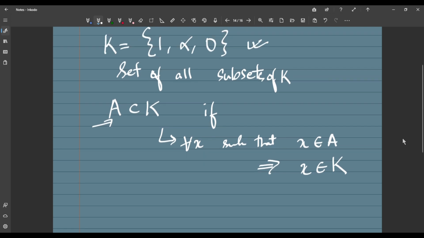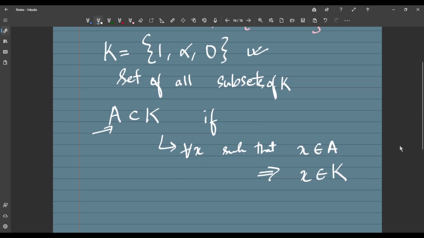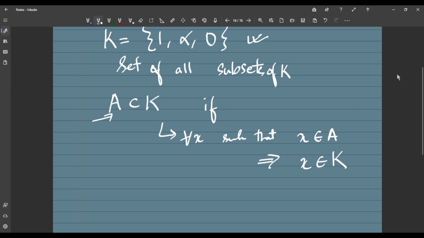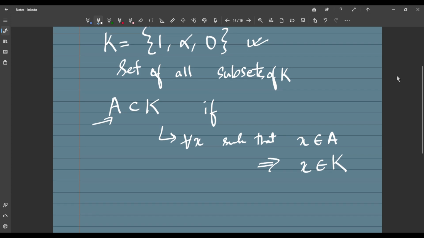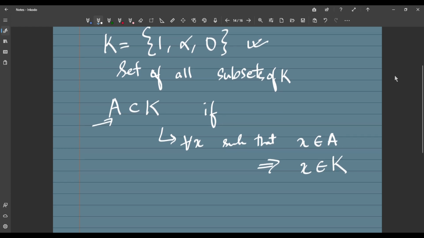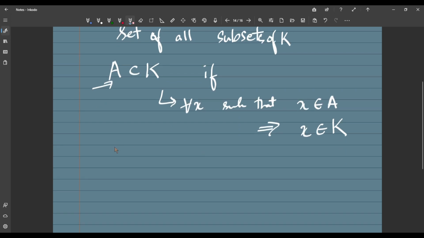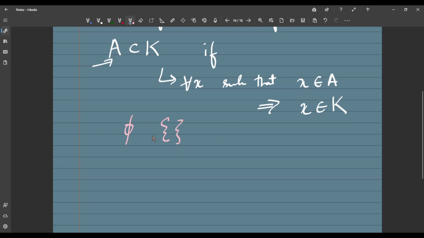So we looked at the null set in one of our lectures because we took the intersection of two disjoint sets, and we got a null set. So we know that there is something called the null set. Now we'll have to check whether the null set phi is a subset of K. Well, does it suit this argument?